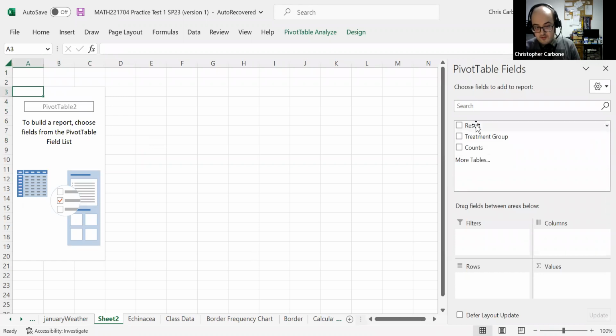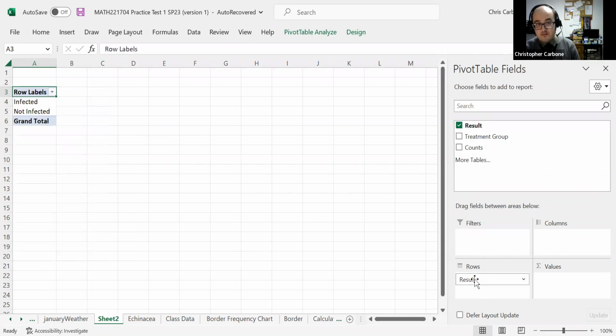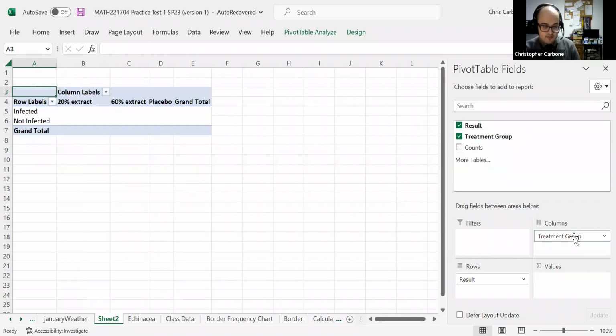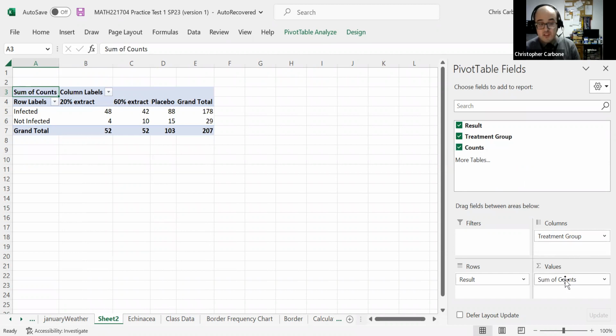For the rows, based upon what this table is doing, it is going to be the result, so infected versus not infected. For the columns, that's going to be the treatment group: 20%, 60%, and placebo. And the counts are going to go into the values. As you can see, we obtain our contingency table, and the marginal frequencies are all given in the grand total row and column, respectively.